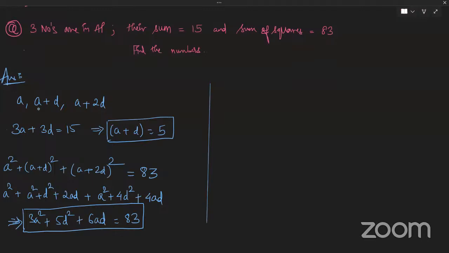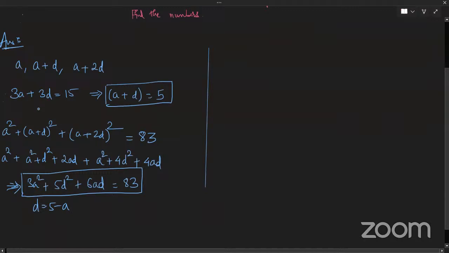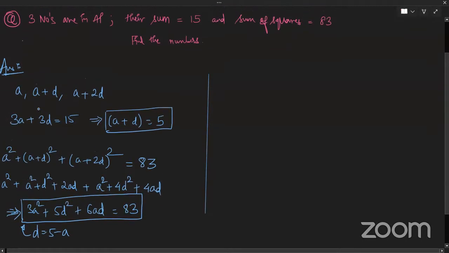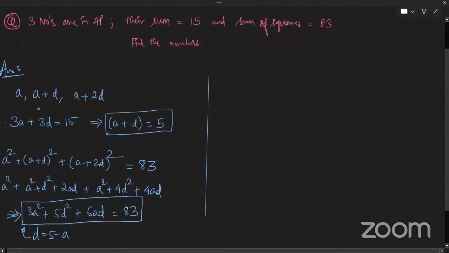When you substitute D as 5 minus A or A as 5 minus D, again you will need to solve a quadratic equation. So there is one small trick using which you can avoid solving a quadratic equation.